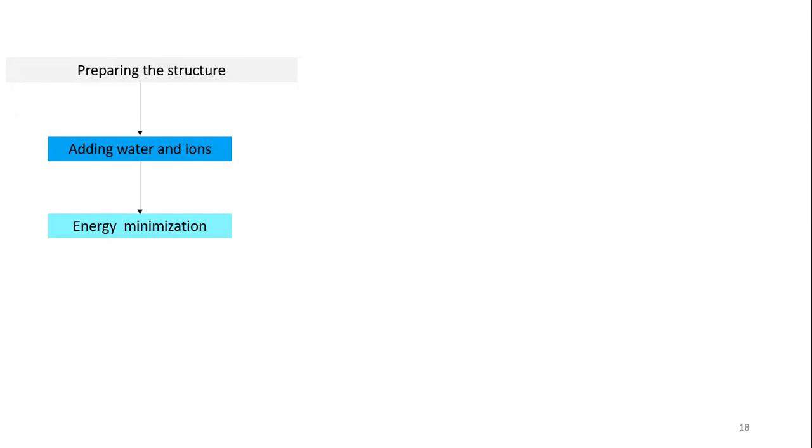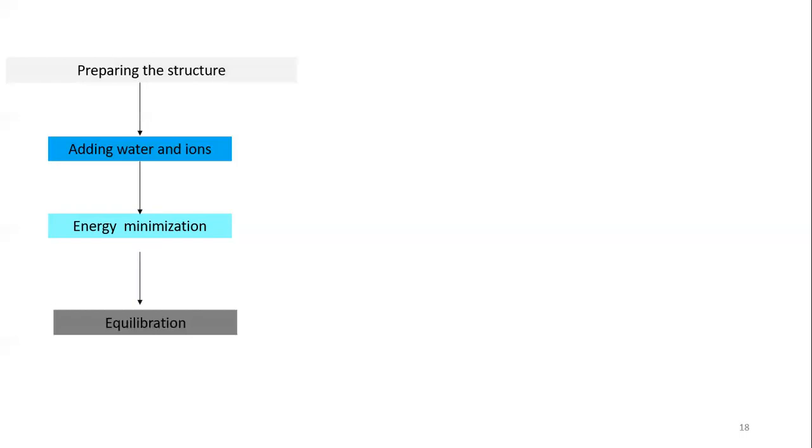So if you don't minimize the energy, the system could crash and you get errors, and you couldn't have good and realistic files. So it's fundamental that we first minimize the energy before starting the production run.